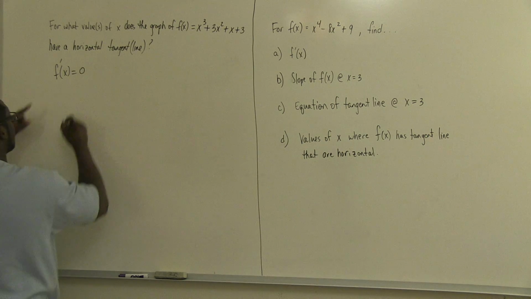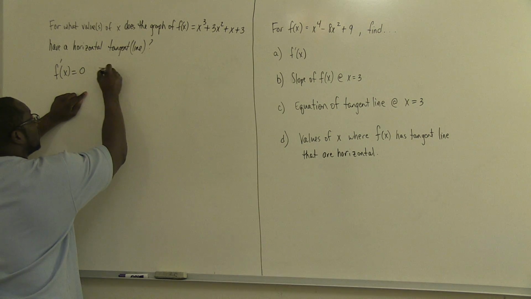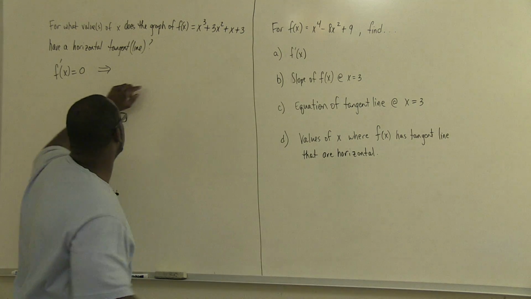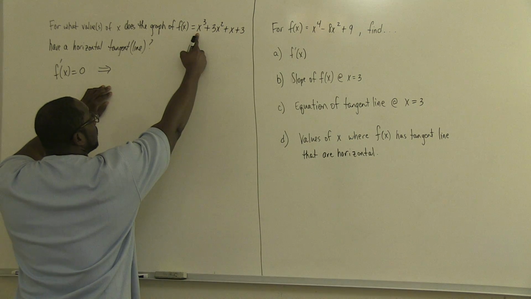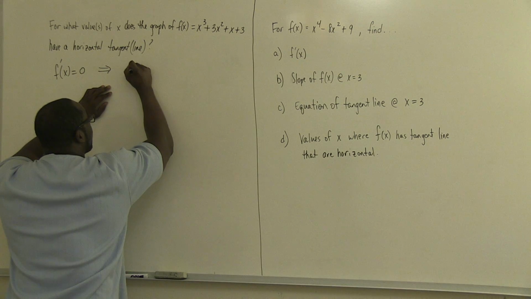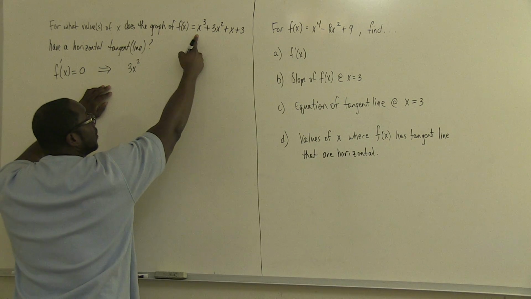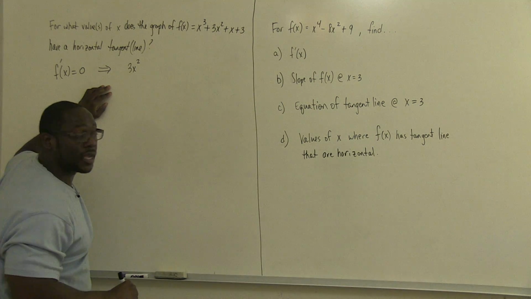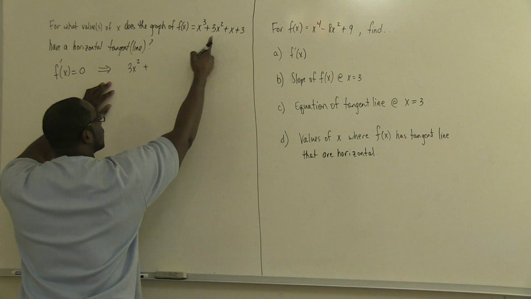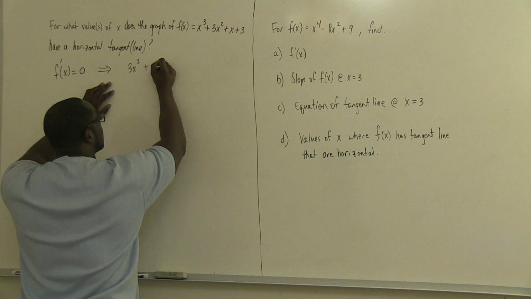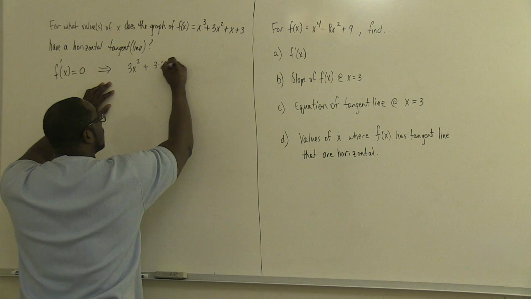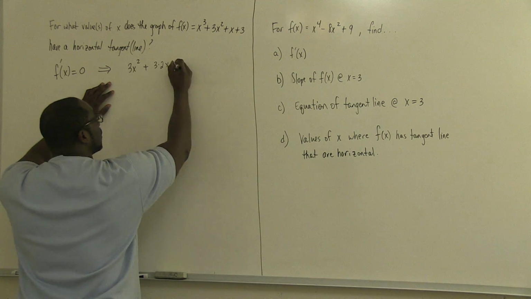So, in knowing this, if we need to take the derivative of this function and set it equal to 0, then taking the derivative of f of x, the first term is going to be 3x squared, because power rule says we bring down the 3 and subtract 1 from the exponent, plus 3 times, here we bring down the 2, and then subtract 1 from the exponent.